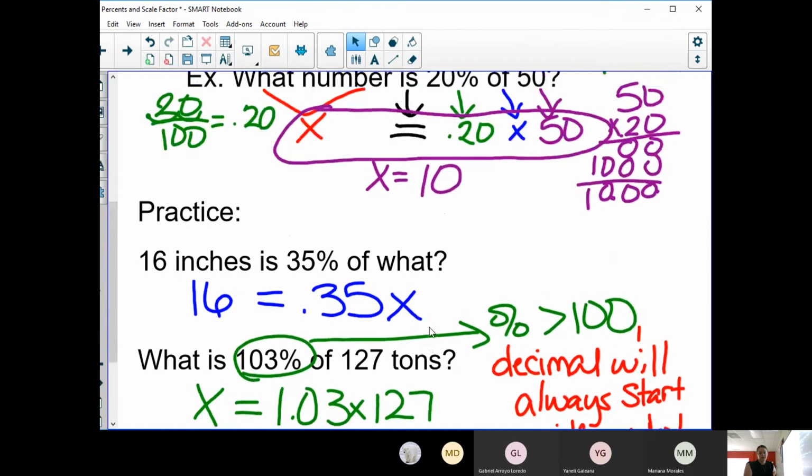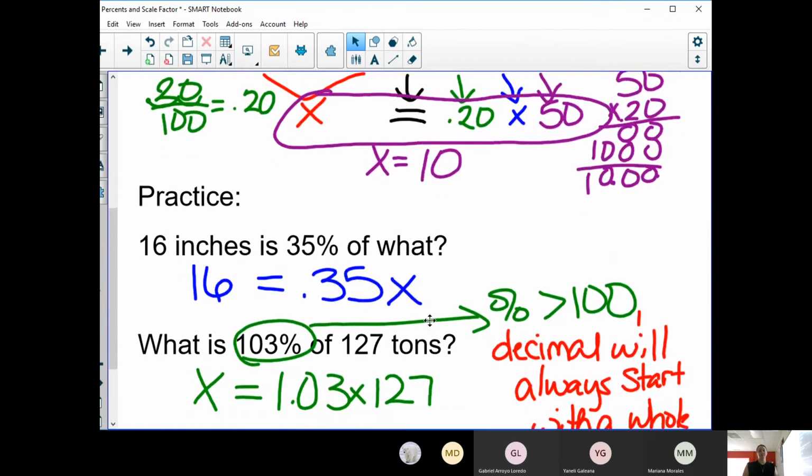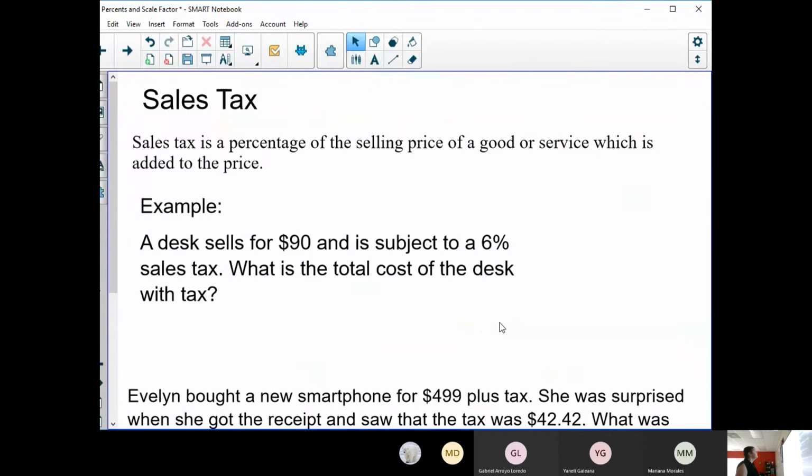All right. Any questions about writing percent equations? All right, let's move on to sales tax then. So sales tax is a percentage of the selling price of a good or service, which is added to the price.